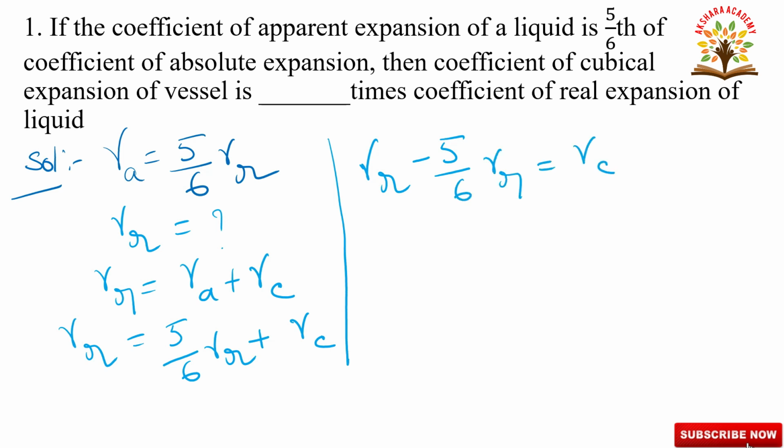Taking LCM, 6 minus 5/6 of gamma R is equals to gamma C. 6 minus 5, 1.